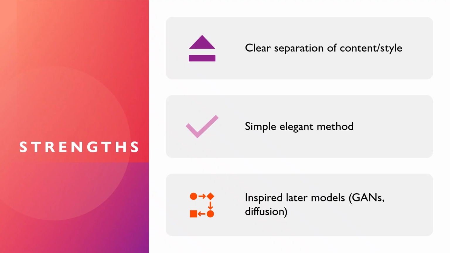And this is the first paper to truly separate content and style. Also, it became a foundation for modern generative models like GANs and diffusion models. And it is one of those rare papers where a small concept has a huge impact.